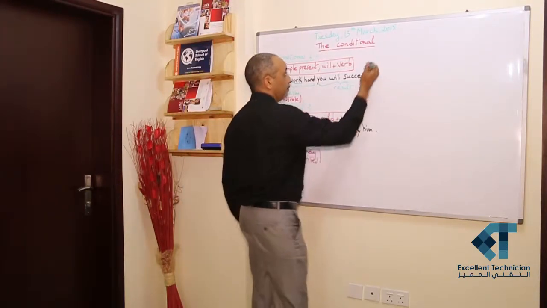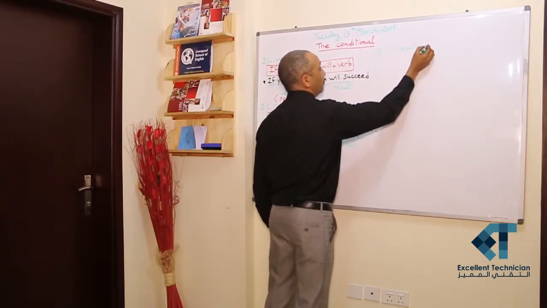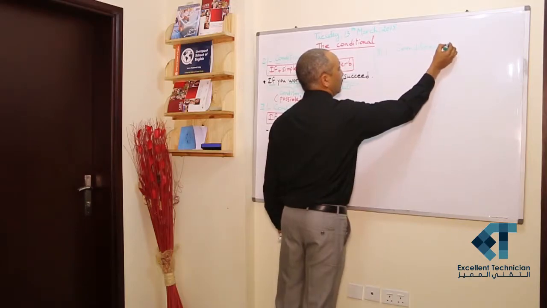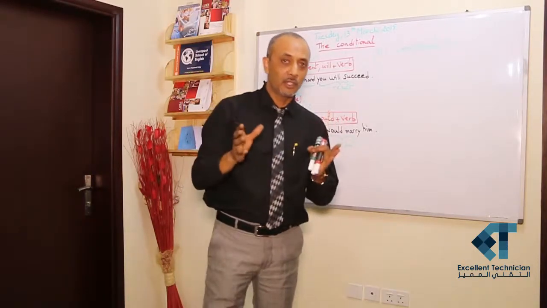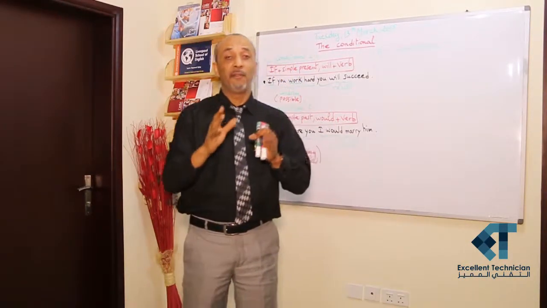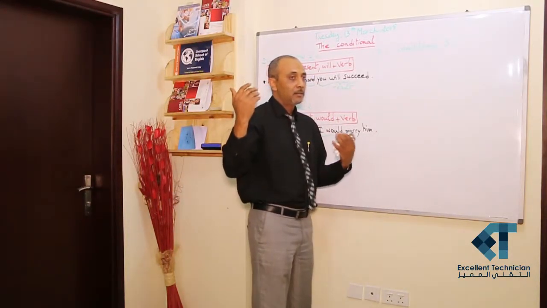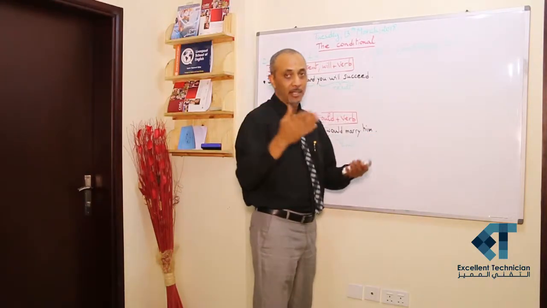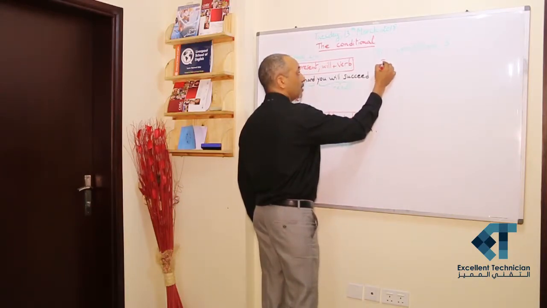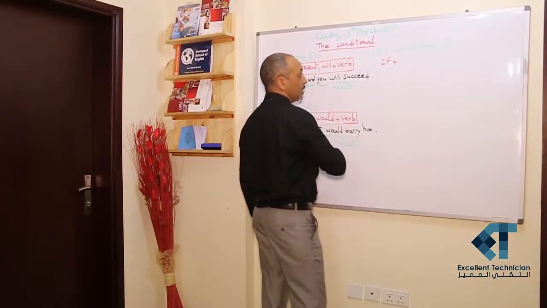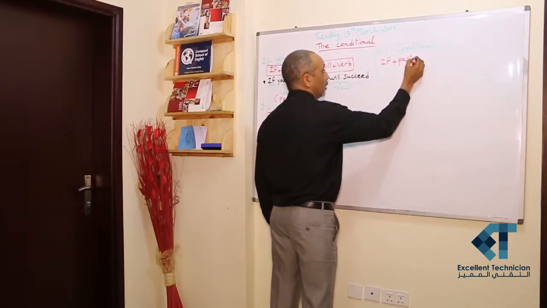Conditional 3, which is the last one. In this type of conditional we are expressing the idea that the condition is impossible to be fulfilled. Impossible, it can never happen. We talk about something that would happen in the past, but it's impossible that it happened. The rule is, if, as usual, plus past perfect.